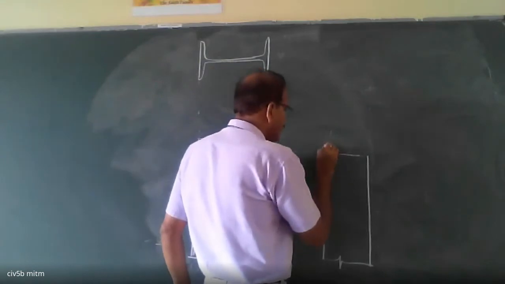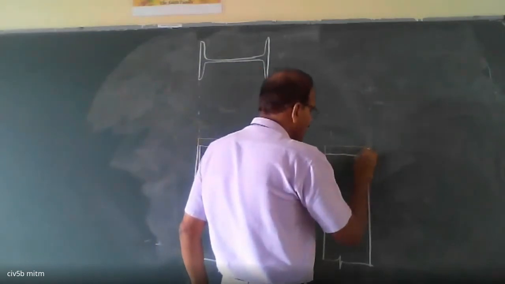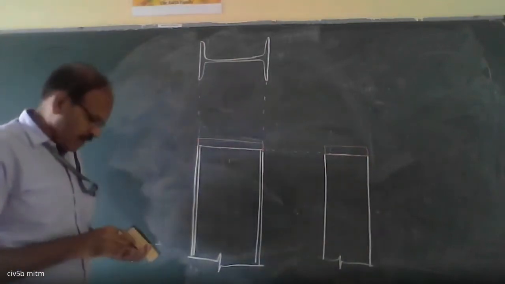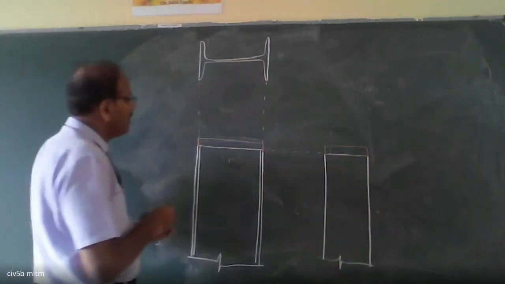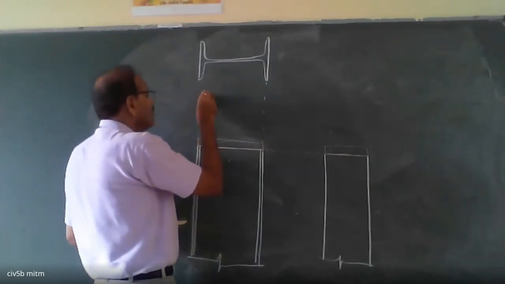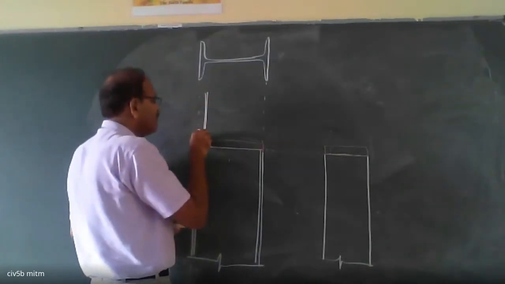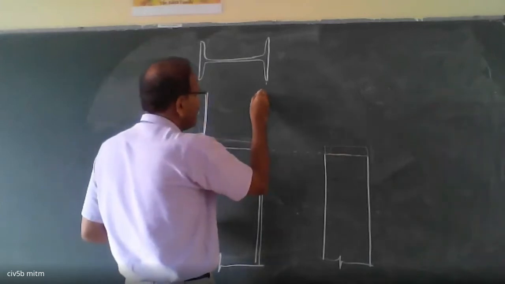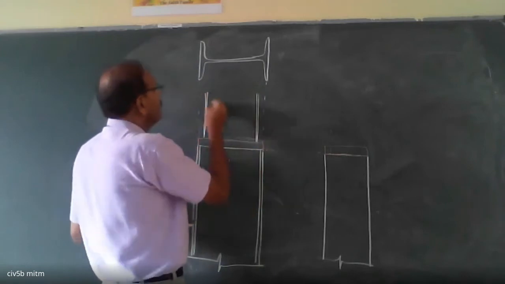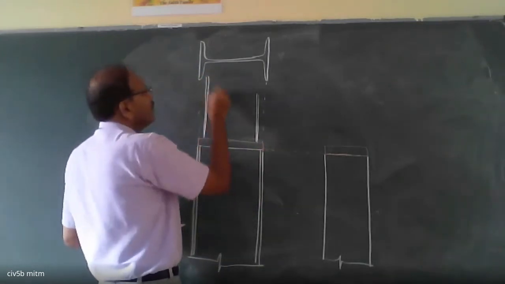Okay, when you look from the side, this is the way you are going to look the base plate. Then over this base plate, I am going to put an I section of lesser size like this.